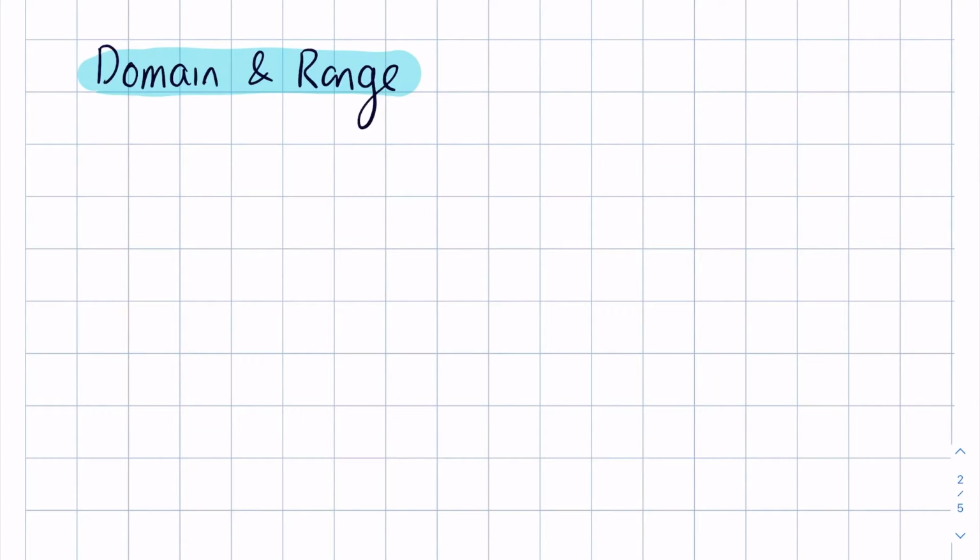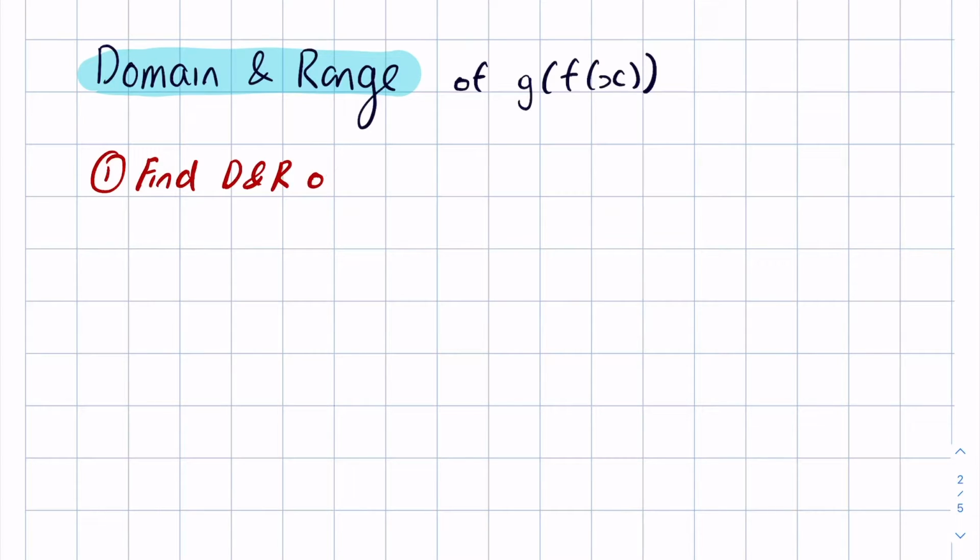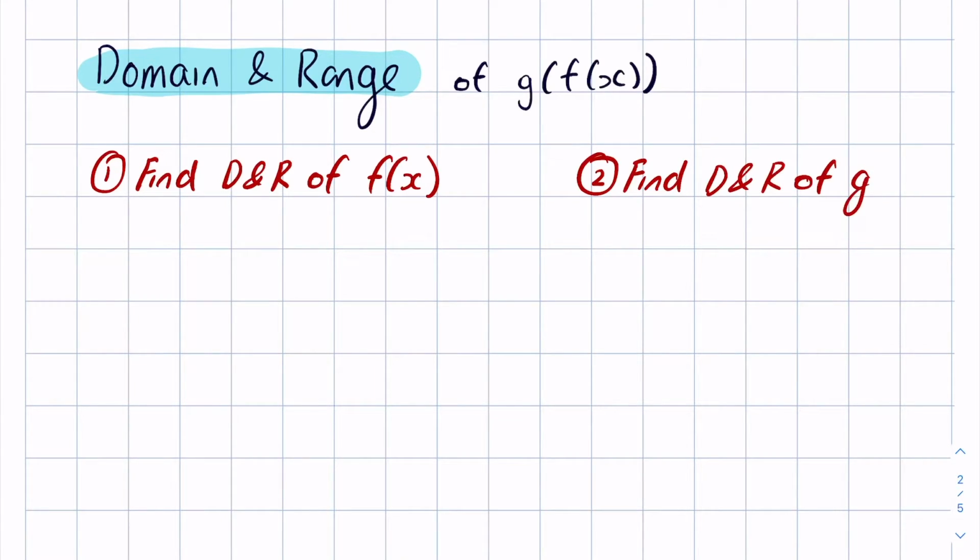Now let's have a look at the domain and range of g(f(x)). The first thing we do is find the domain and range of what's on the inside, which is f(x). The second thing we do is find the domain and range of g(x).